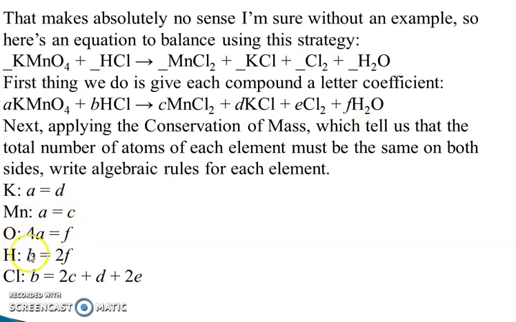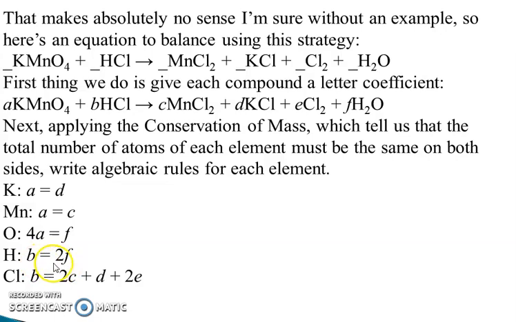After that we will see hydrogen. Here a single atom of hydrogen is present, which gets multiplied by B, and that is equal to 2 atoms of hydrogen on the product side, where this 2 gets multiplied by F. So B becomes equal to 2F.